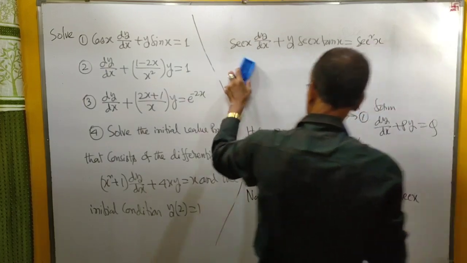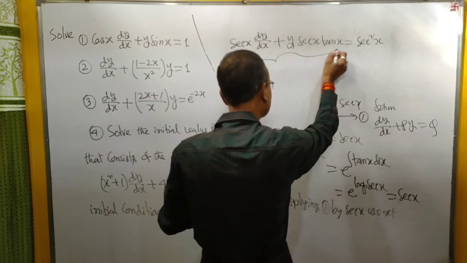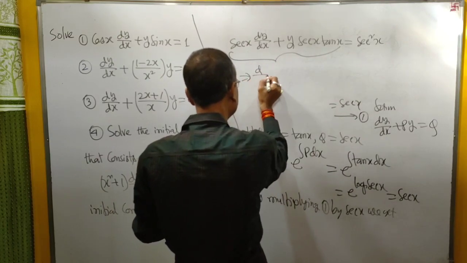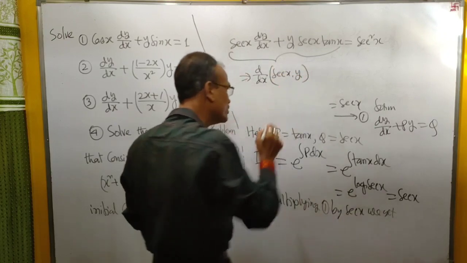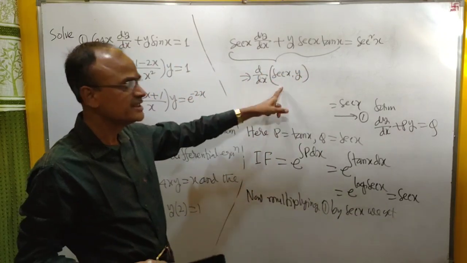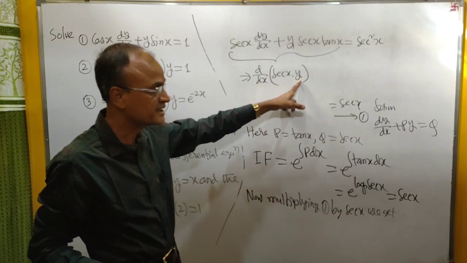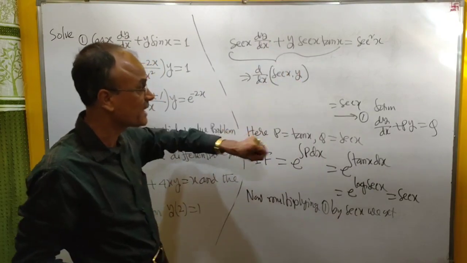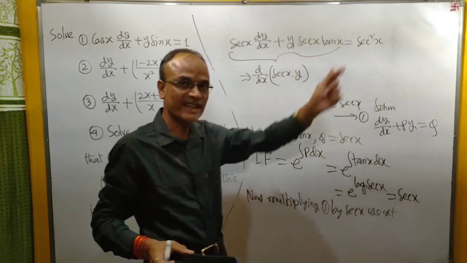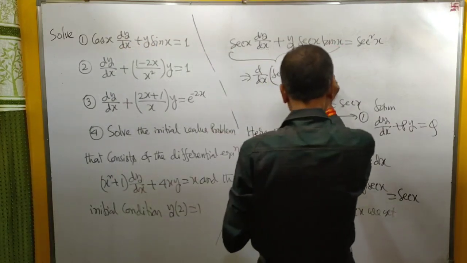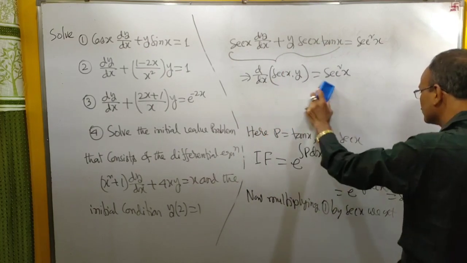Now see, this left side can be written as d dx of sec x into y. Because first function sec x, differentiation of y is dy by dx, plus y, differentiation of sec x is sec x into tan x. This is equal to sec square x.